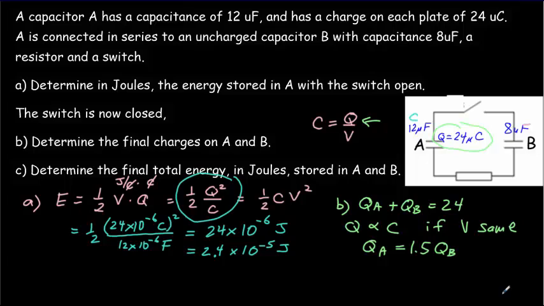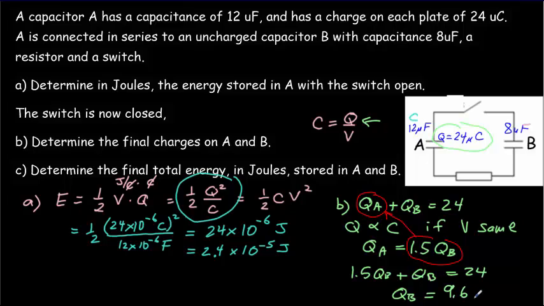So now we can make a substitution, and where we see a QA, we can plug in 1.5 QB. And we'll get that 1.5 QB plus another QB should be equal to 24. And if you work that out, you'll get that QB is equal to 24 over 2.5, or 9.6, and that would be in microcoulombs.